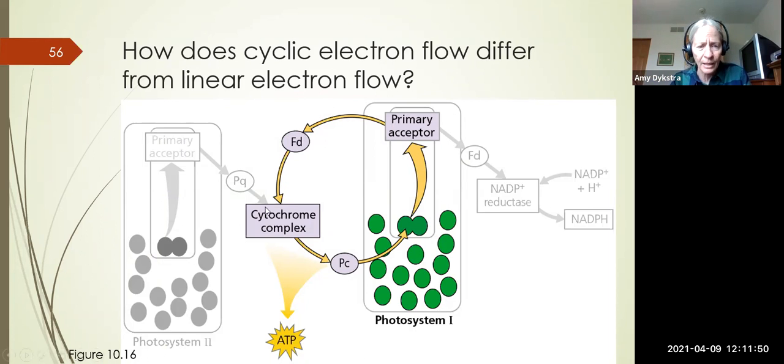You'll notice that in gray, we're seeing the Z scheme, the linear electron flow, and then you're seeing the cyclic electron flow in yellow, more in the foreground of this picture. So send a private chat to your partner about how cyclic electron flow differs from linear electron flow.